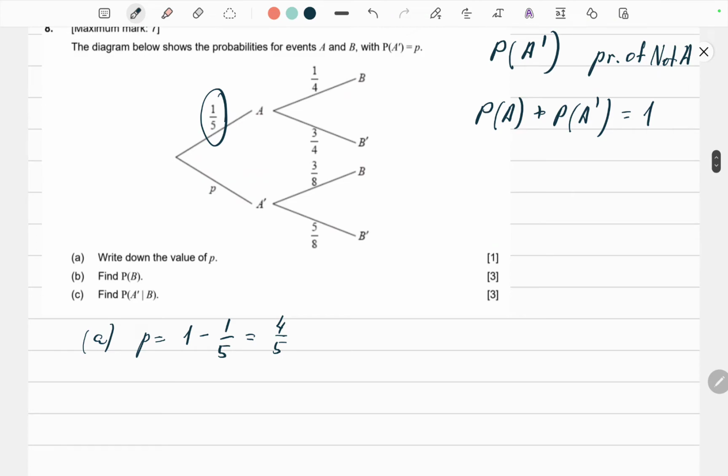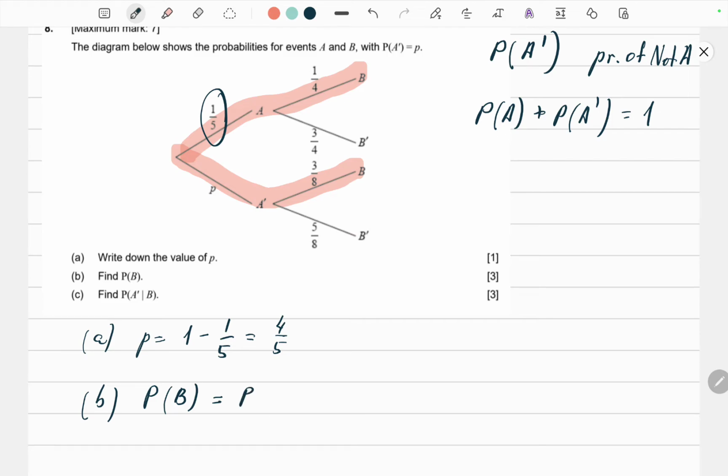Now find the probability of B. Especially, we have 2 ways to have B. First it could be A and B, and the second one not A and B. This is a brilliant example to show these two ways in terms of probabilities, because the numbers are different compared with the previous case.